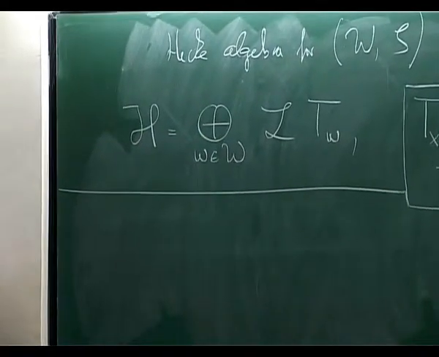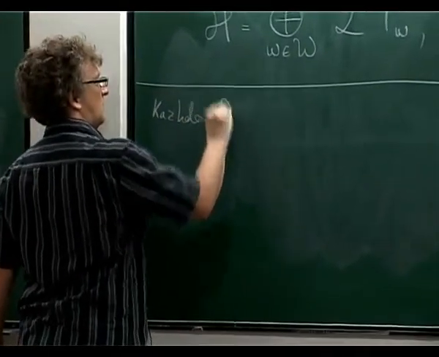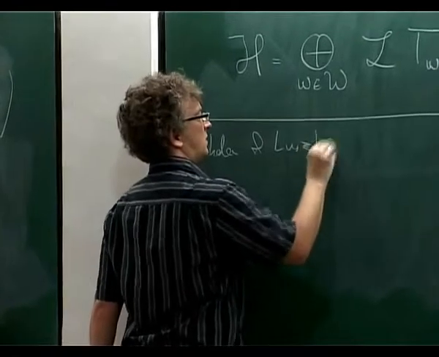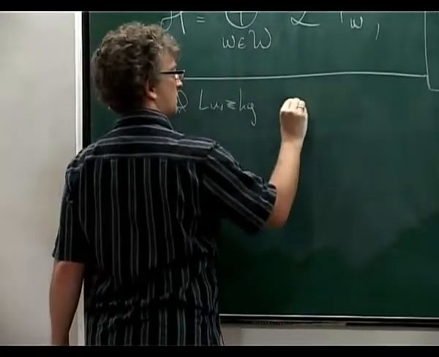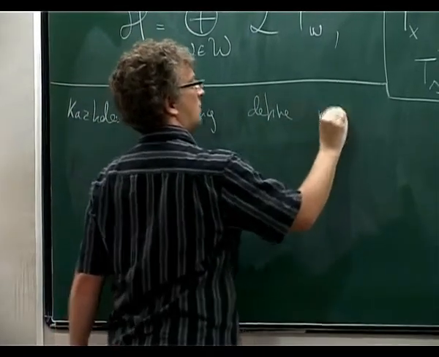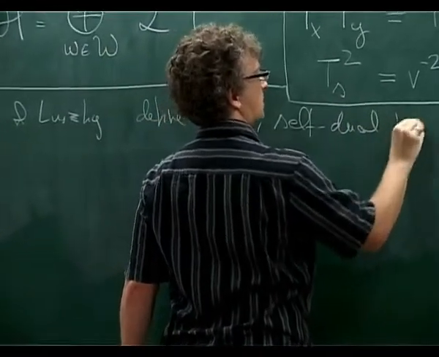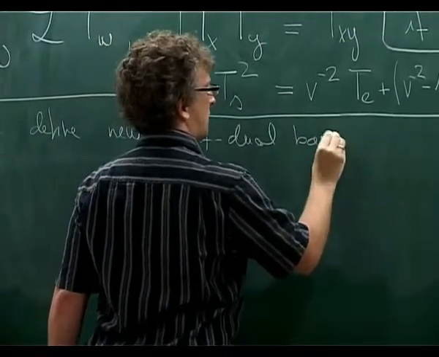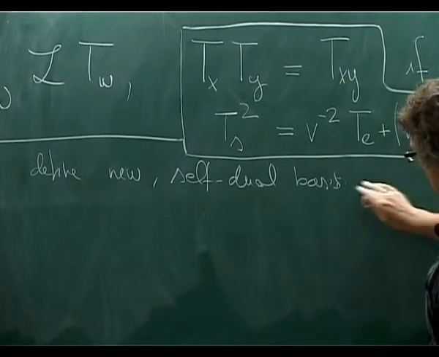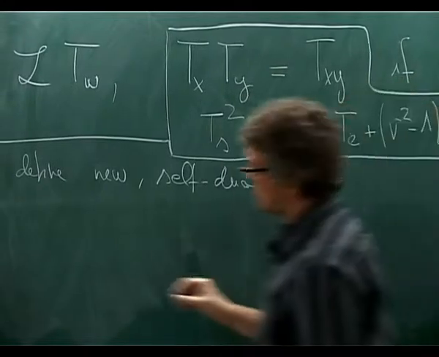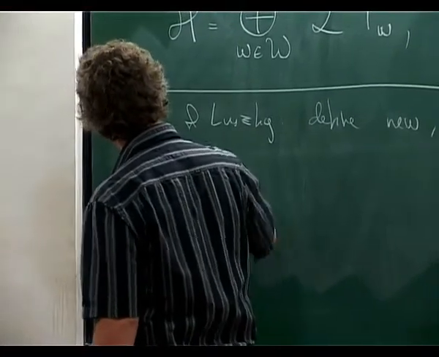That is an older story, and now Kazhdan and Lusztig came, and they defined a new self-dual basis. Self-dual with respect to the following involution. You can define D, an involution on this algebra.